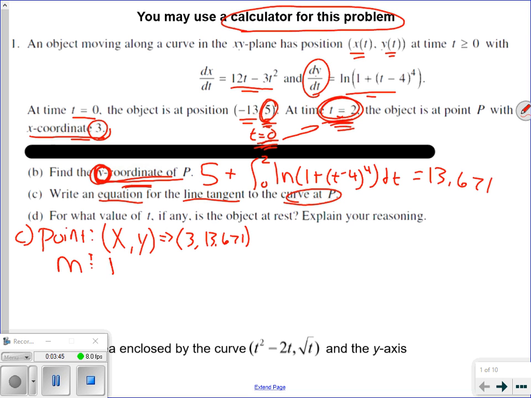The only other thing we need is the slope at P. So in this case, we need the slope, dy over dx, at the point P, and that is at time equals 2. So I'll put t equals 2 here. Now again, this is calc active, so we'll do this in the calculator. But all that is dy divided by dx with the 2 plugged in. So that's ln of 1 plus t minus 4 to the 4th divided by 12t minus 3t squared, with a 2 plugged in for t, right?